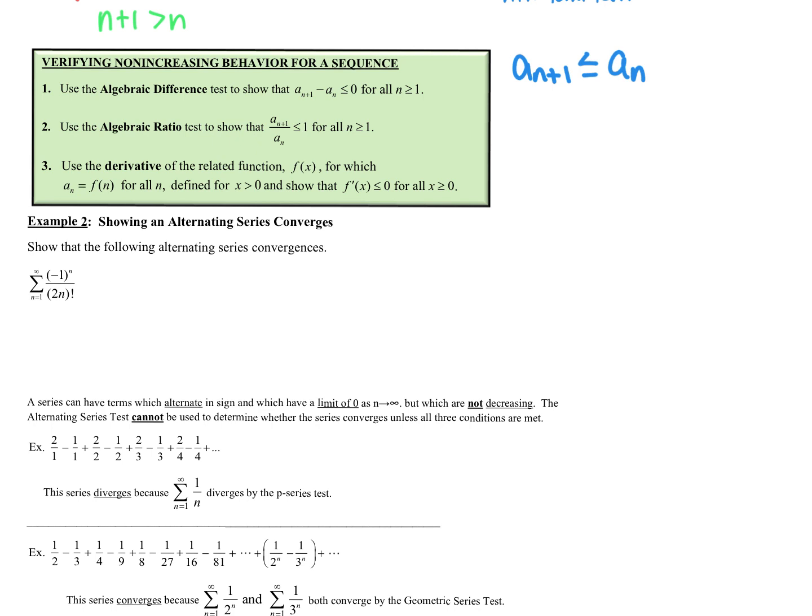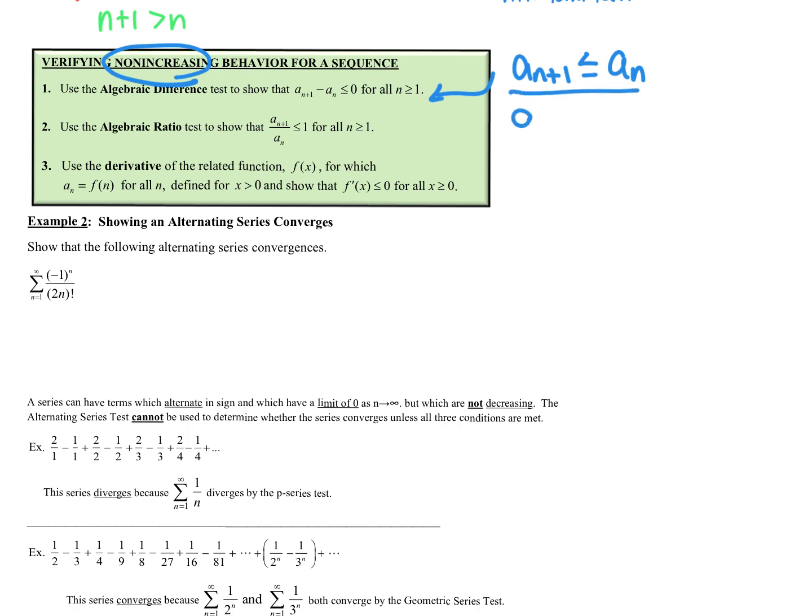So this shows non-increasing, the second part. So this is this method right here. If you want to verify non-increasing behavior for a sequence, you can show that the algebraic difference between these two things is less than or equal to 0, which is equivalent to this statement right here.